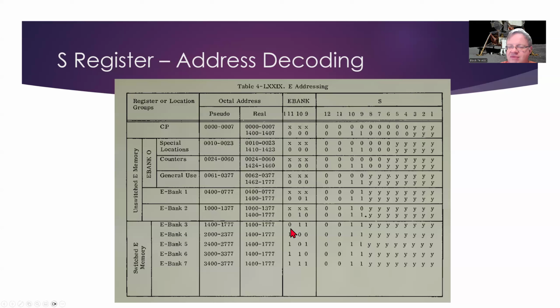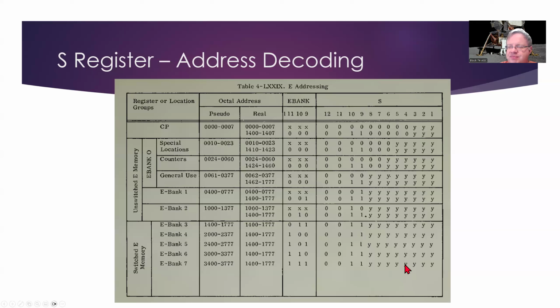So you could have a scenario where this is 111, but then we're looking at some of these low order addresses, which really we shouldn't be. For example, if this Y was a 1, that would be address octal, I believe, 0020.